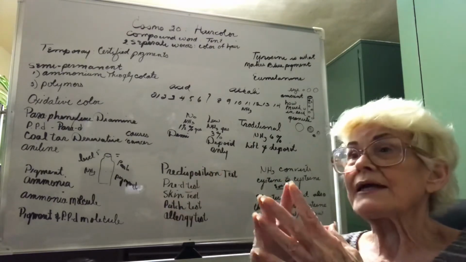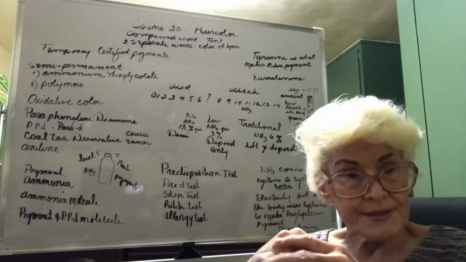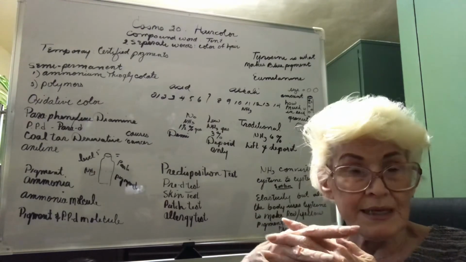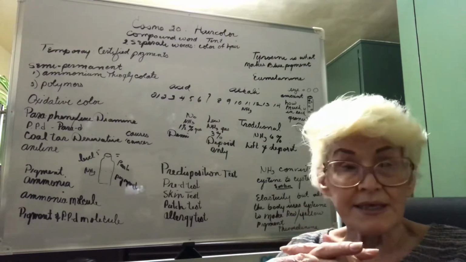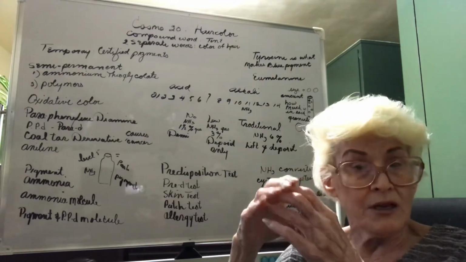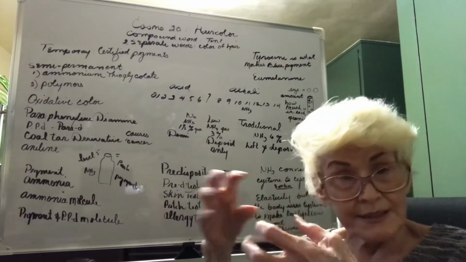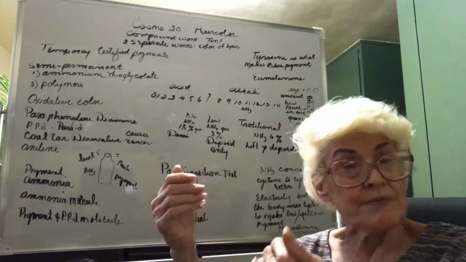I can have a lot of small granules that are full of pigment and have very dark hair. I can have a small granule that isn't full of pigment and have lighter hair. I can have a large granule that only has a little bit of pigment, my hair is going to be lighter, or the granule can be full, it's going to be darker.